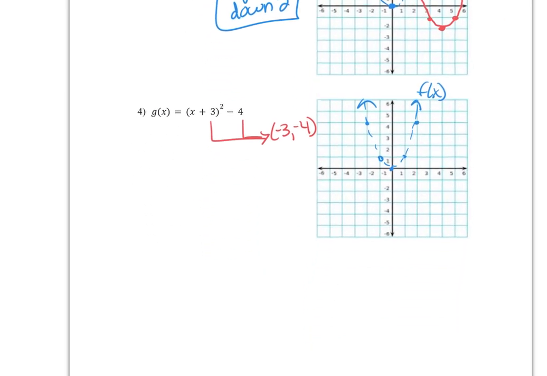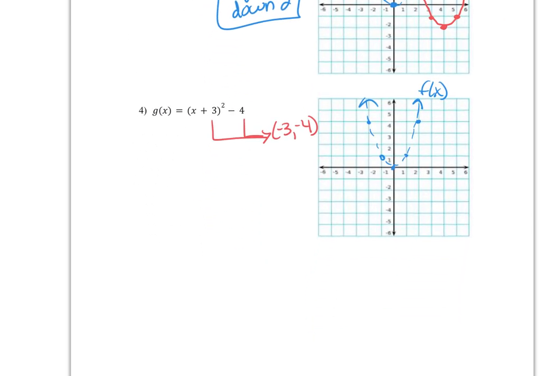Let's do one more using our little cheat code. Okay, so we have our vertex. That vertex is telling me I'm moving to the left 3 and I'm going down 4. Okay, so every single point is doing that. -3, -4.